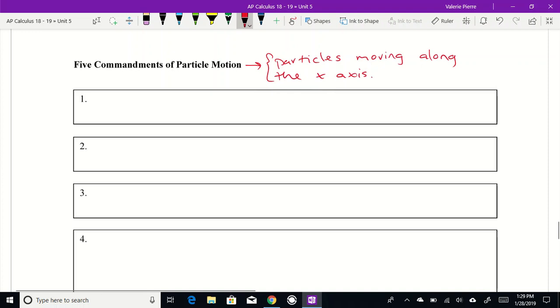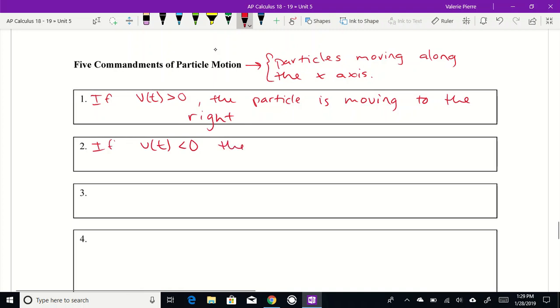Okay, so the 5 rules are: if v of t is positive, the particle is moving to the right. If v of t is negative, the particle is moving to the left.